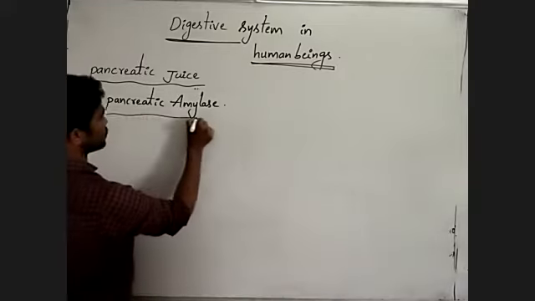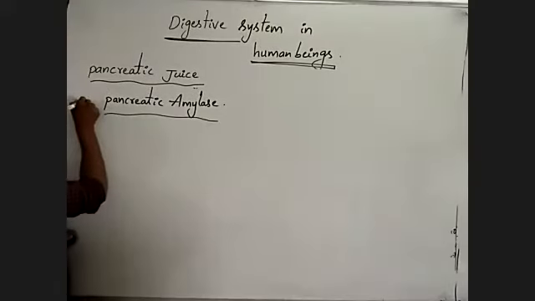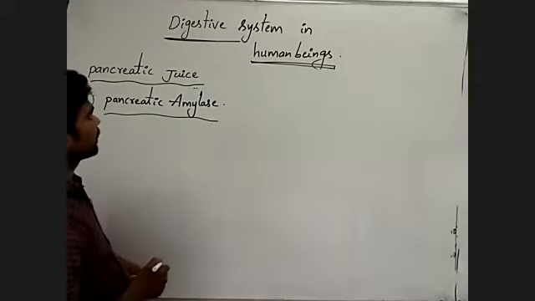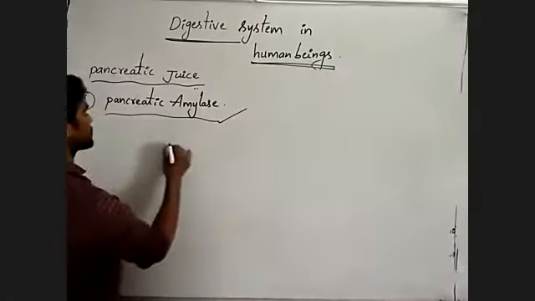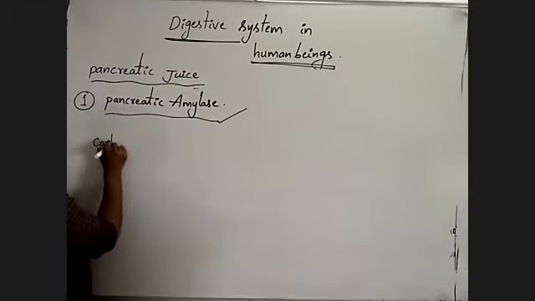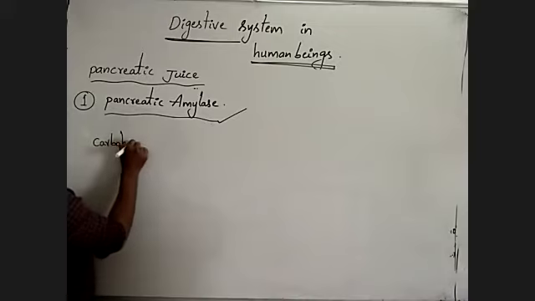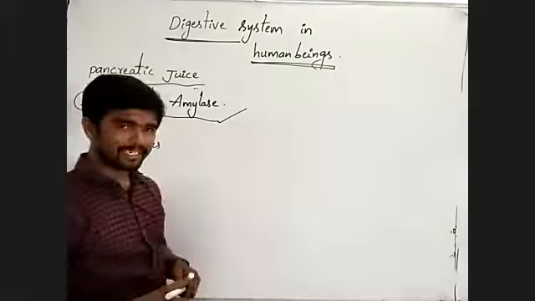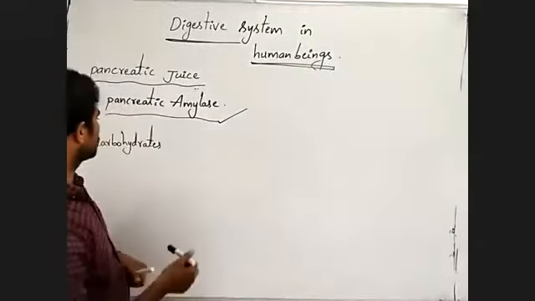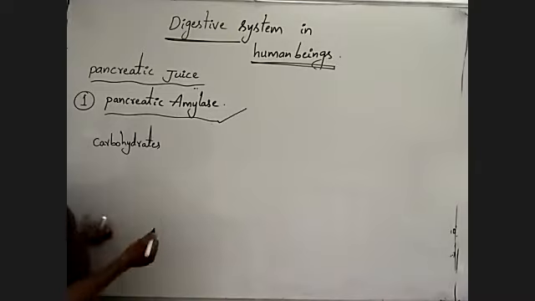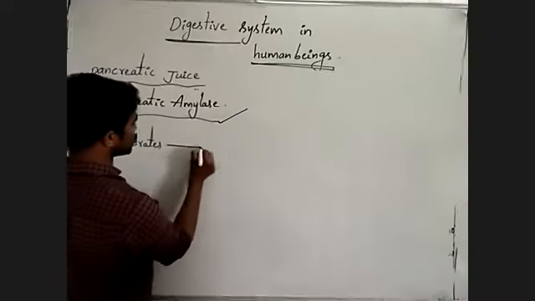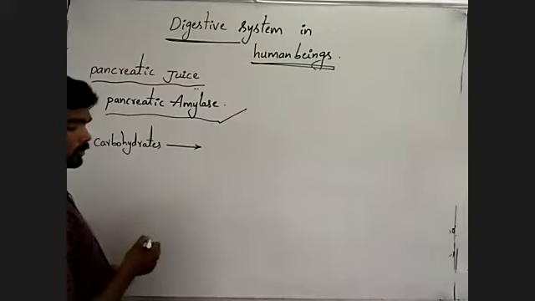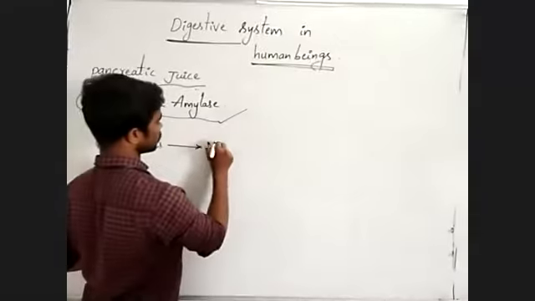What is the function of this pancreatic amylase? It acts on the carbohydrate and converts the carbohydrate into maltose.